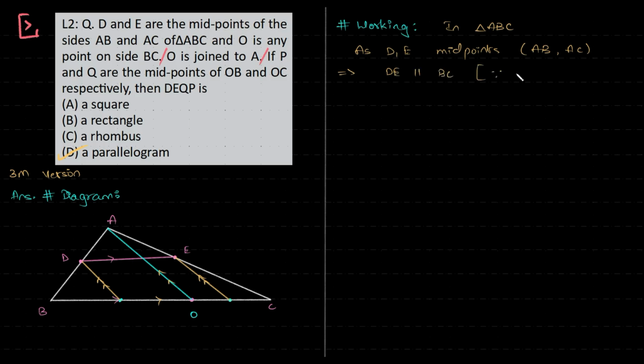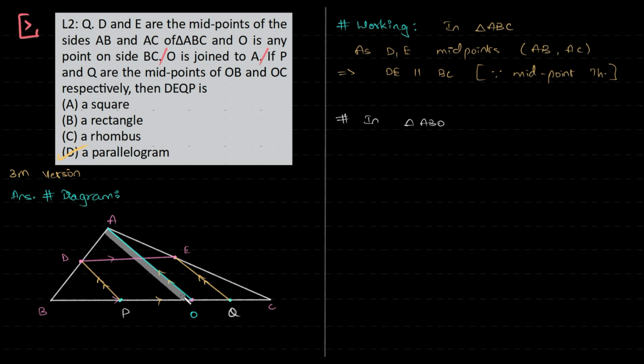This is because of the midpoint theorem. Okay, then what else can we tell? Then we have in triangle ABO, if you guys are wondering how you prove that, by the way, I think this is Q and this is P. Q and P. Okay, how will you prove that?